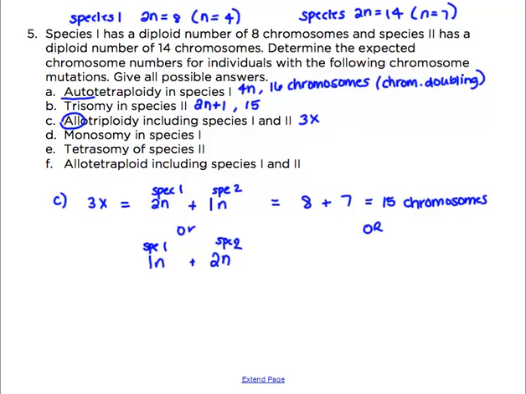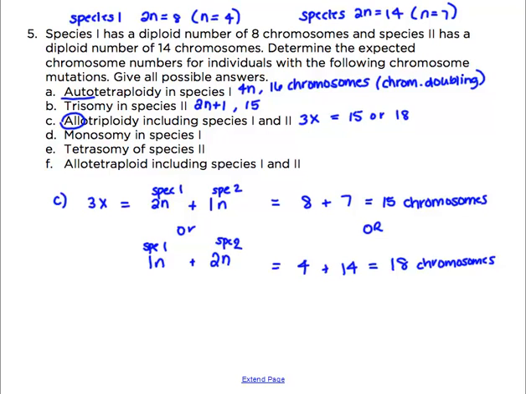Or you can have 1n from species 1, which equals 4 chromosomes, and 2n from species 2 equals 14 chromosomes, and that gives you a total of 18 chromosomes. Okay, so part C equals 15 or 18, depending on where the 2n comes from, either species 1 or species 2.